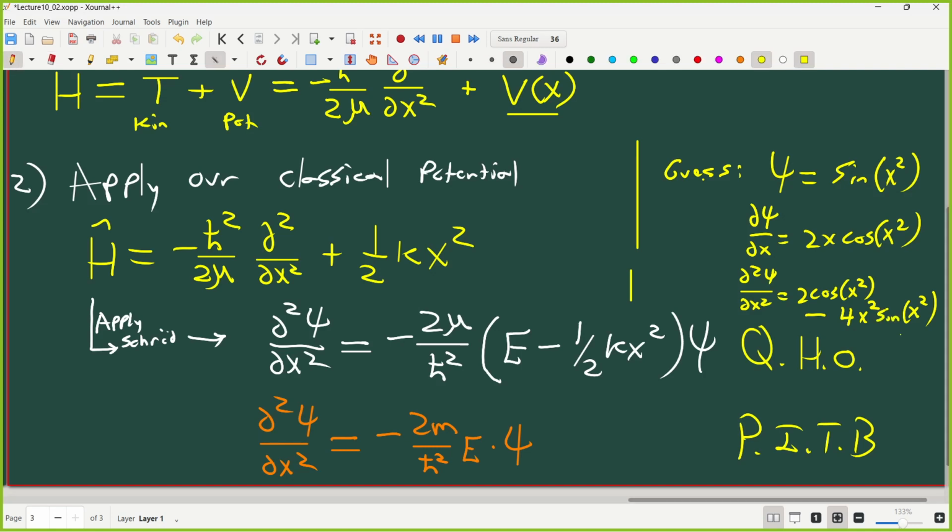When we take our function and we take the second derivative, we get the x squared times our function back. But notice that we get this cosine x squared. That's not in here. We should get a constant times sine of x squared minus x squared sine x squared. So this 2 cosine x squared should just be a number for this to be a solution.